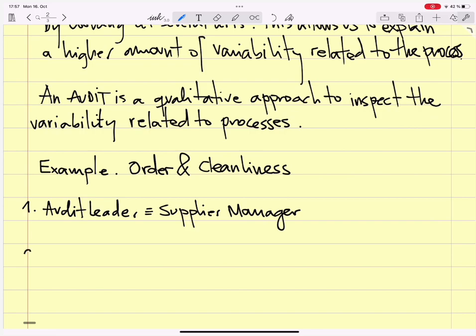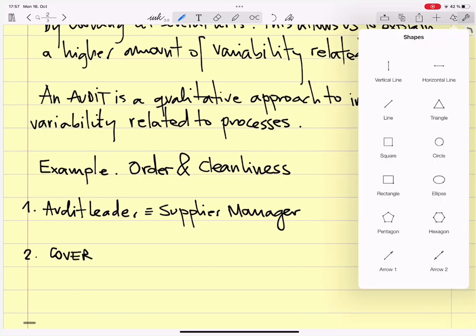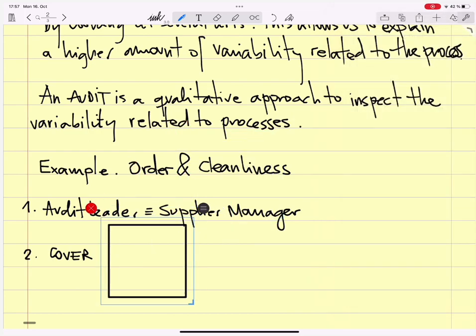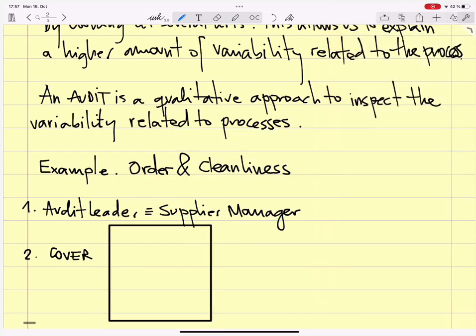So the second thing is you need a cover for your audit. And the cover is just stating stuff like company, date, department, begin, end, stuff like that, right?